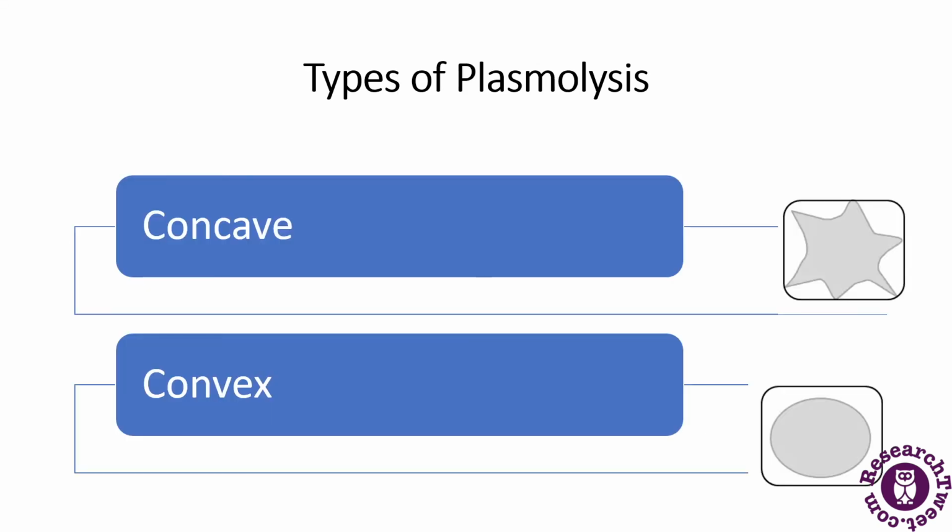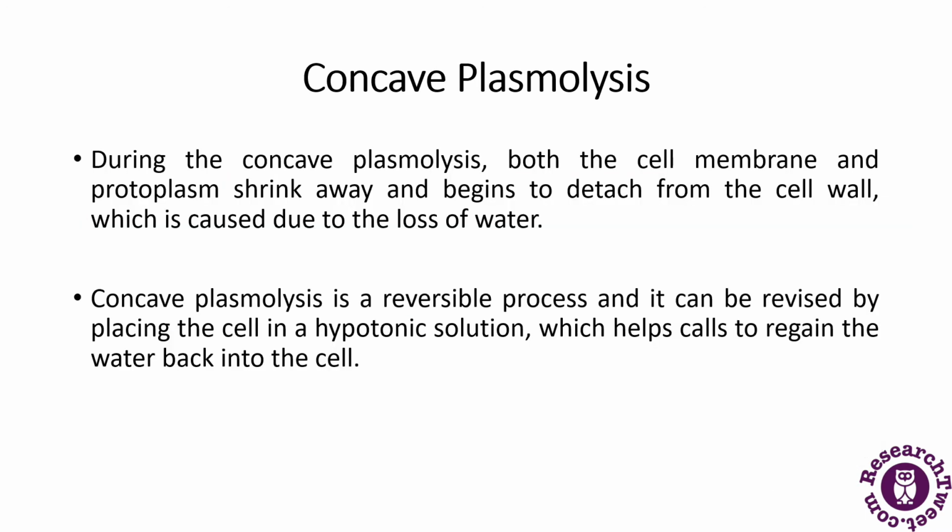Next, there are two types of plasmolysis: concave and convex. The concave looks like this, and the convex picture looks like this. First we will discuss concave plasmolysis. So what is concave plasmolysis? During concave plasmolysis, both the cell membrane and the protoplasm shrink and begin to detach from the cell wall, which is caused by the loss of water.